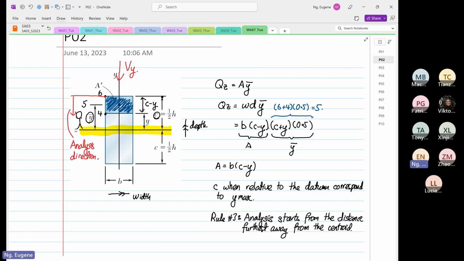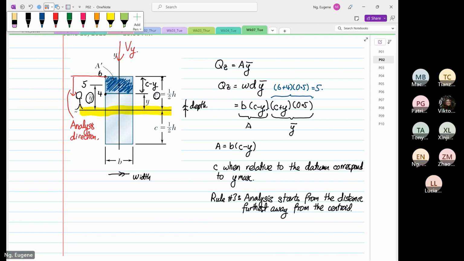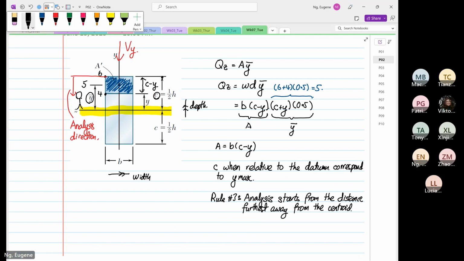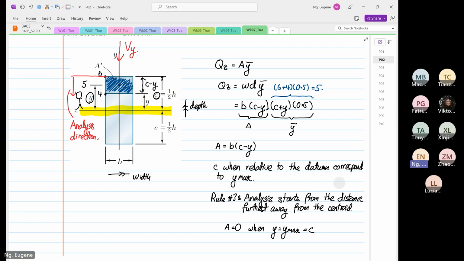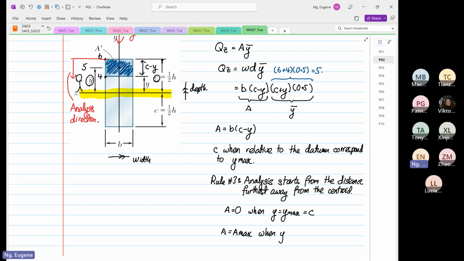What we realize in this case, by looking at the figure over there, is that the area is equal to 0 when Y is equal to Y max, and Y max is equal to C. And we realize the area is equal to the maximum when Y is equal to 0.